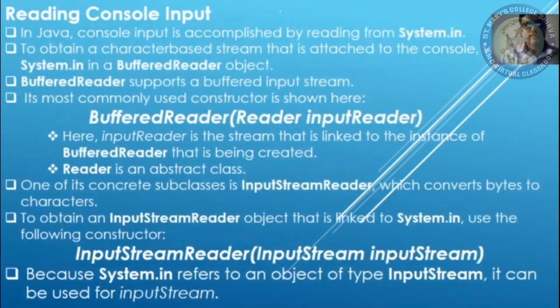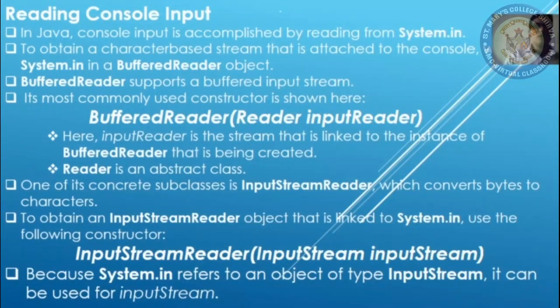Okay. Now reading console input. How to read the data from the keyboard? In Java, console input is accomplished by reading from System.in. Okay. If you want to read any value from the keyboard, we have to use the System.in predefined stream. To obtain a character-based stream that is attached to the console, wrap System.in in a BufferedReader object.